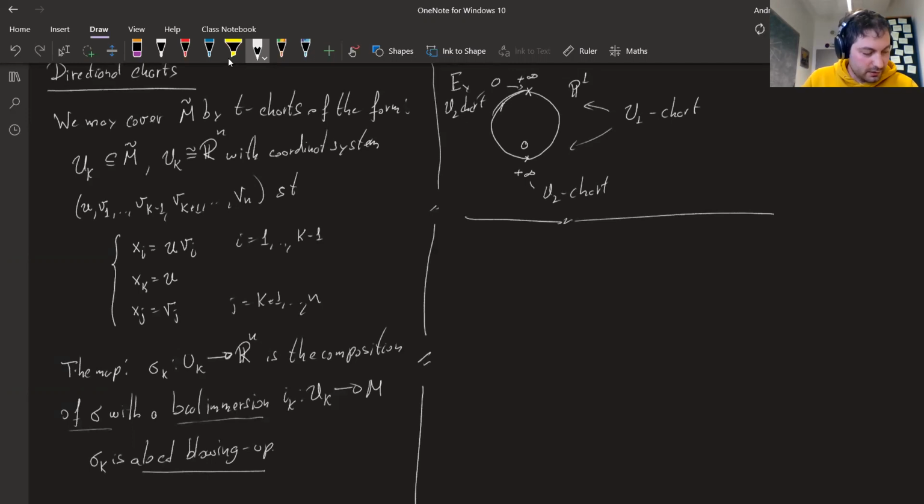Now just a comment, because I'm not going to prove anything here. Blowing up in general manifolds: we are always going to be able to blow up a center which is a submanifold of the manifold.